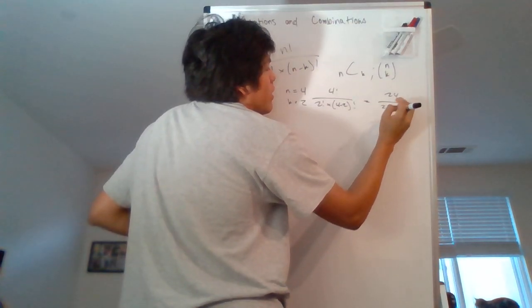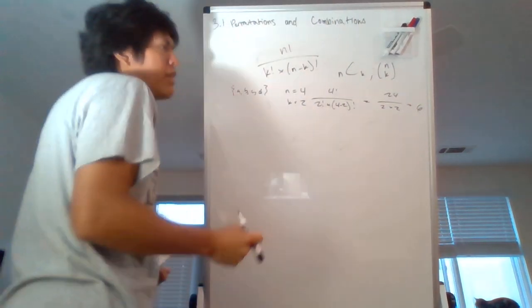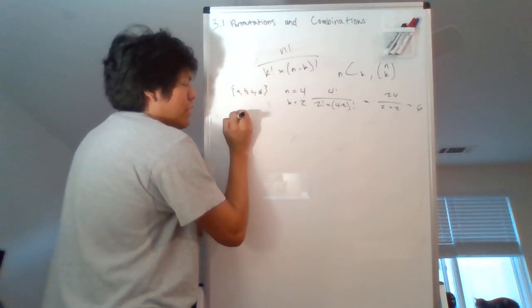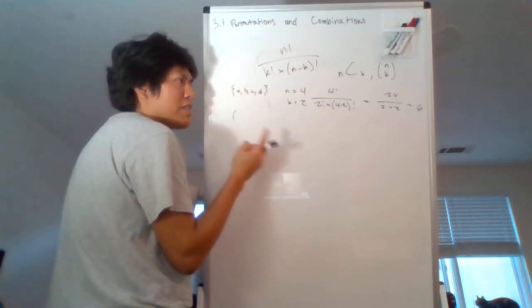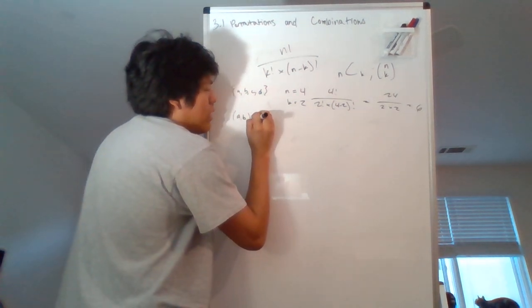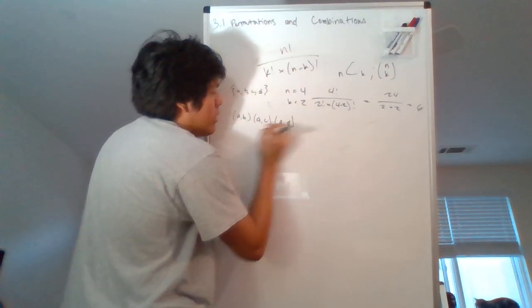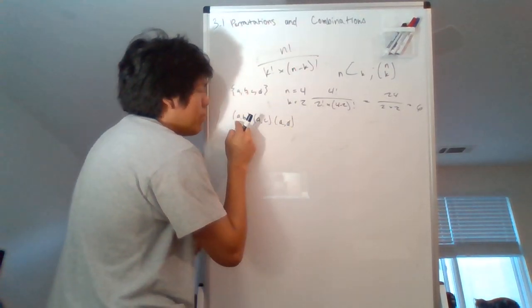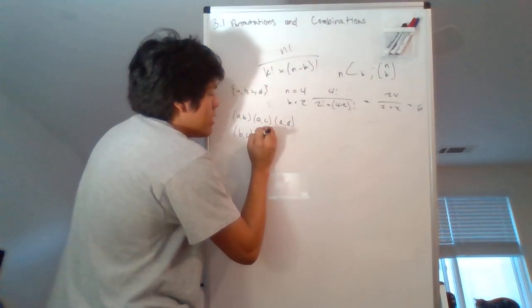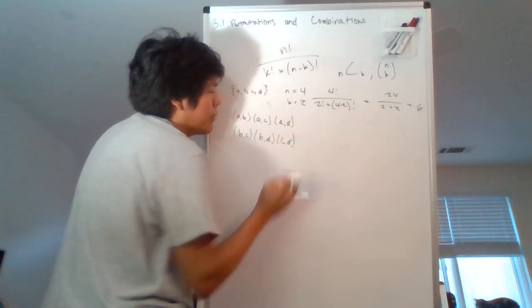24 divided by 4 is 6. And I'll show all of the 2 element subsets here, which is AB, AC, AD, BC, BD, and CD.